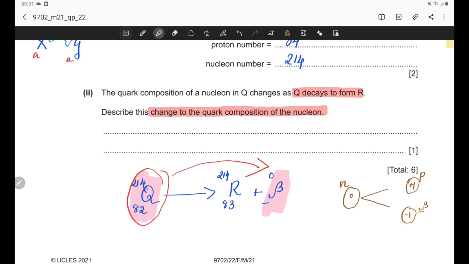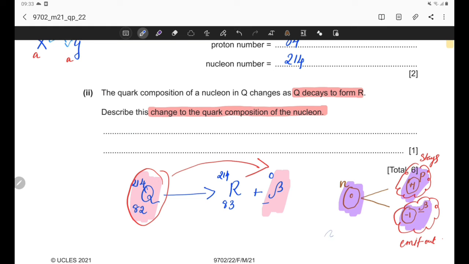So during the emission of a beta negative particle, what is happening to the nucleus is very important. One neutron splits and forms one proton and one beta negative particle. The positively charged proton stays inside the nucleus, but the negatively charged particle is emitted.